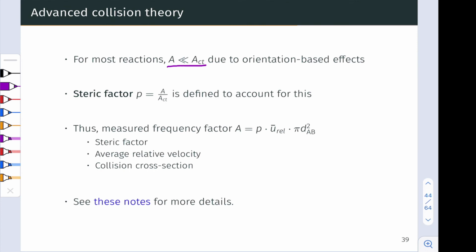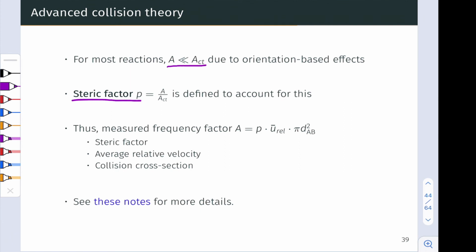To account for this, we can take the ratio of a measured frequency factor to the collision theory ideal and define what's called the steric factor. This gives us a measure essentially of the importance of orientational effects to the reaction. The smaller this number is, the more important orientational effects are in the reaction, right?